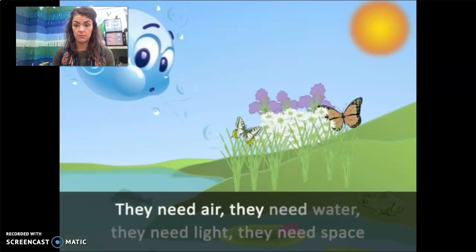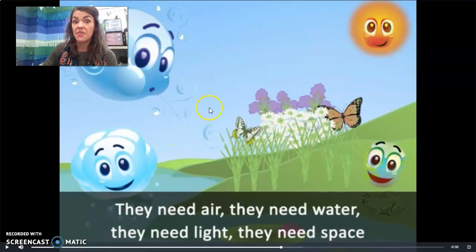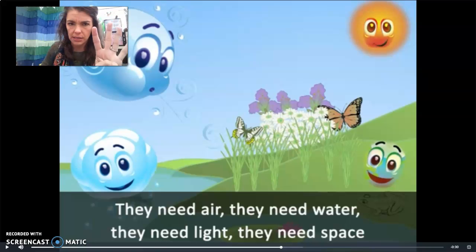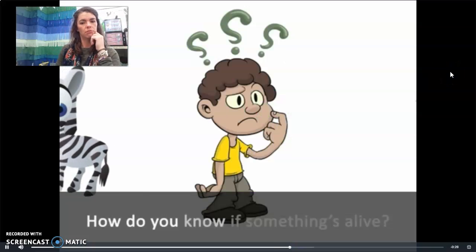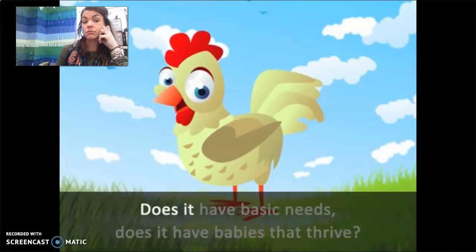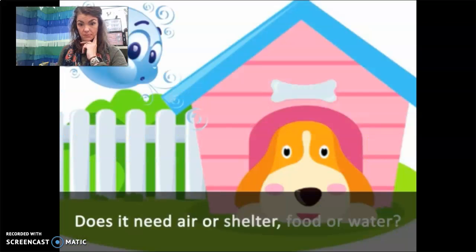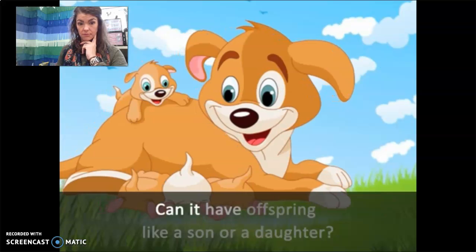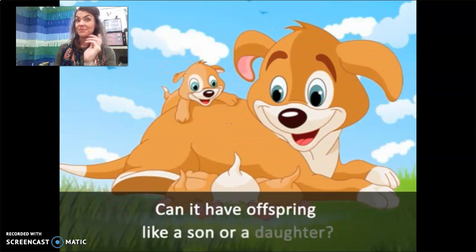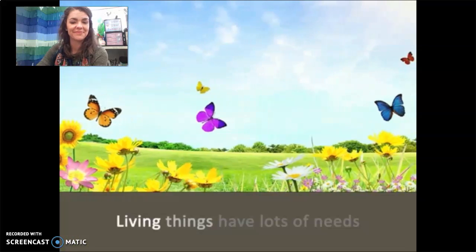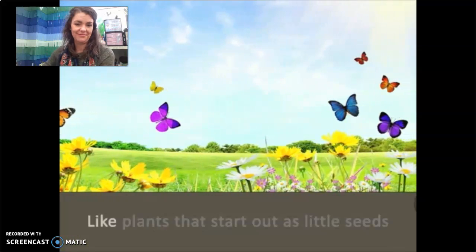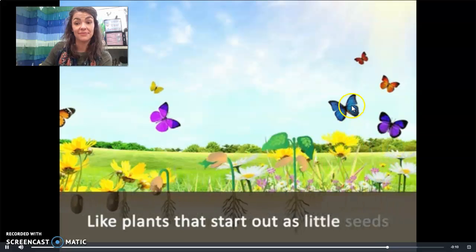They need air, they need water, they need light, they need space. They need air, they need water, light, and space. Do you need those things to live? Are you a living thing? How do you know if something's alive? Does it have basic needs? Does it have babies that thrive? Does it need air or shelter? Food or water? Can it have offspring like a son or a daughter? Living things have lots of needs, like plants that start out as little seeds.